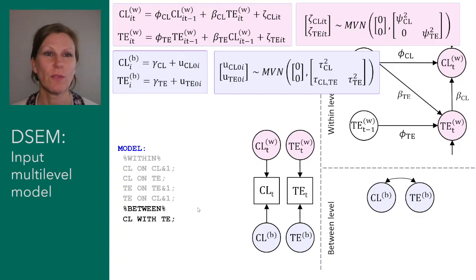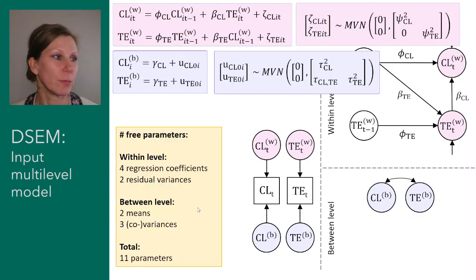So this is a very, very basic multilevel model. It contains in total 4 regression coefficients at the within person level. So that's these 2 phi's and the 2 betas, or the one-headed arrows that we see in our path diagram. And two residual variances, and that's what we see over here, the 2 psi's. And then at the between person level, we have 2 means, 2 grand means.